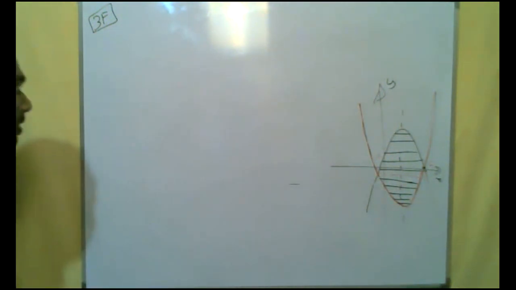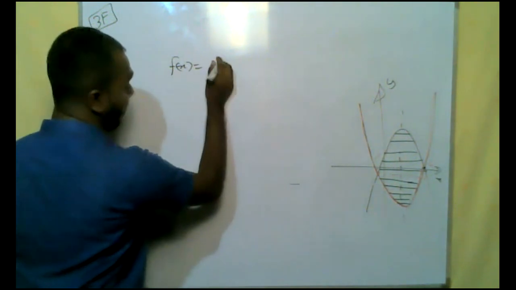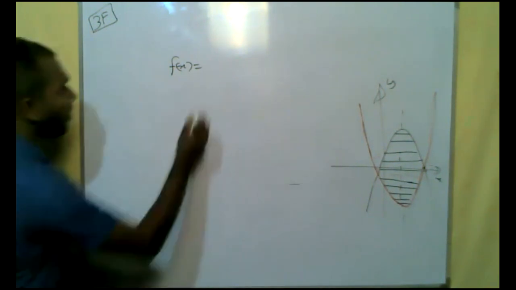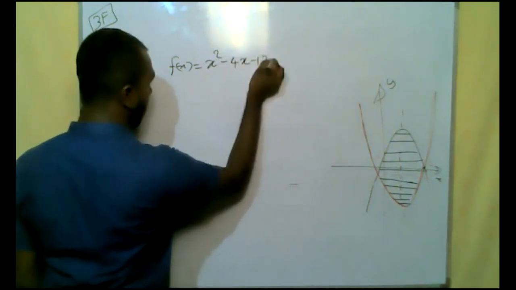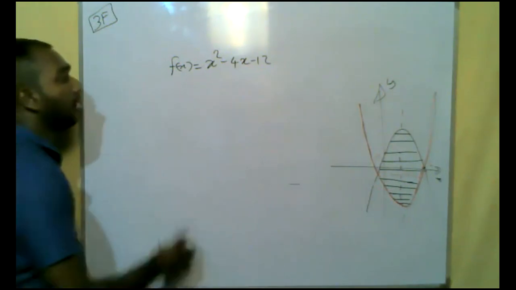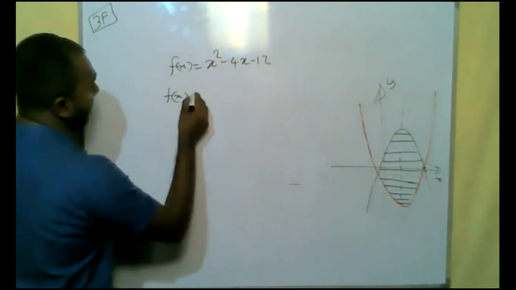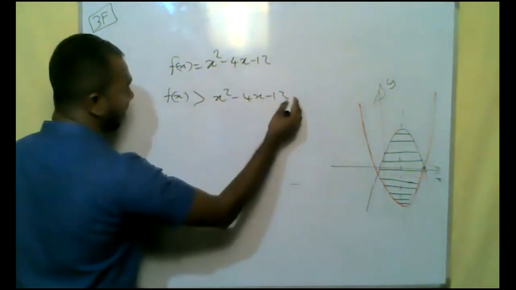What was our f(x)? If I am asking you like this, what is the region where f(x) is greater than x squared minus 4x minus 12?